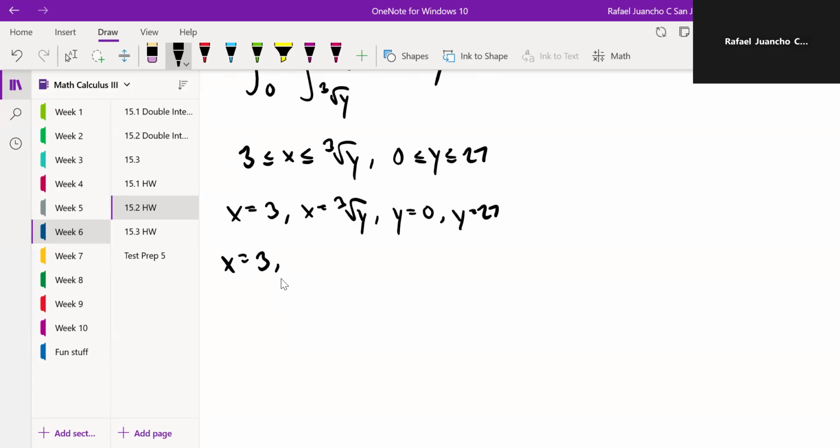Let me put numbers. Maybe that will help. This could be like, let's say 8. This could be 2. Oh, so it's just x squared, x cubed. Knew it. Putting these are really helpful.